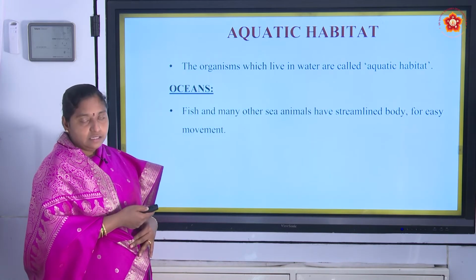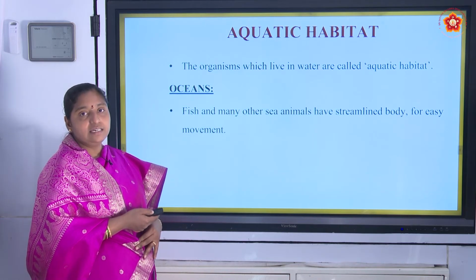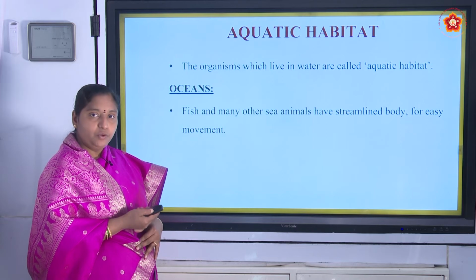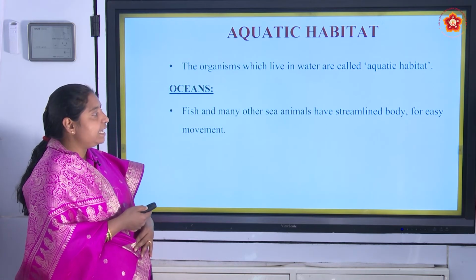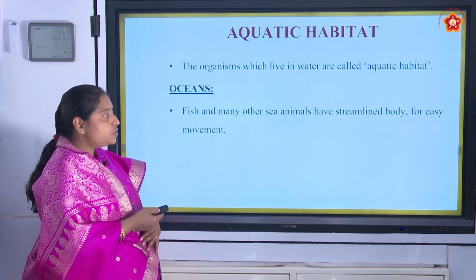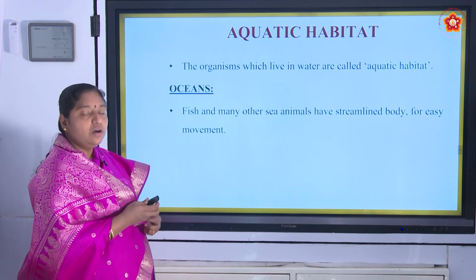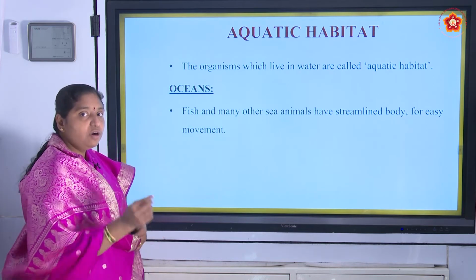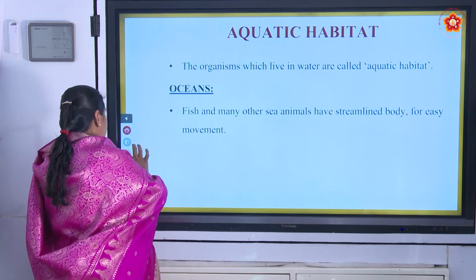First, we will see what are the adaptations of the plants and animals which live in oceans. Fish and many other sea animals have a streamlined body for easy movement. Already I have shown what is meant by the streamlined body, and this is just a recap of that.